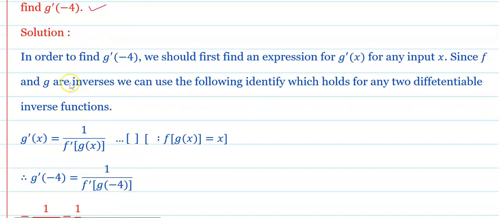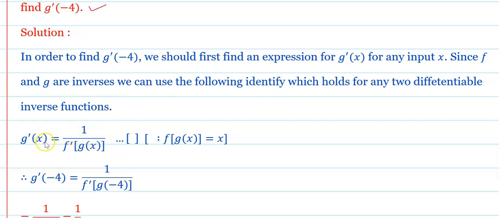Okay. In order to find g dash of minus 4, we first find an expression for the g dash of x for any input x. Since f and g are inverses, we can use the following identity which holds for any two differentiable inverse functions.